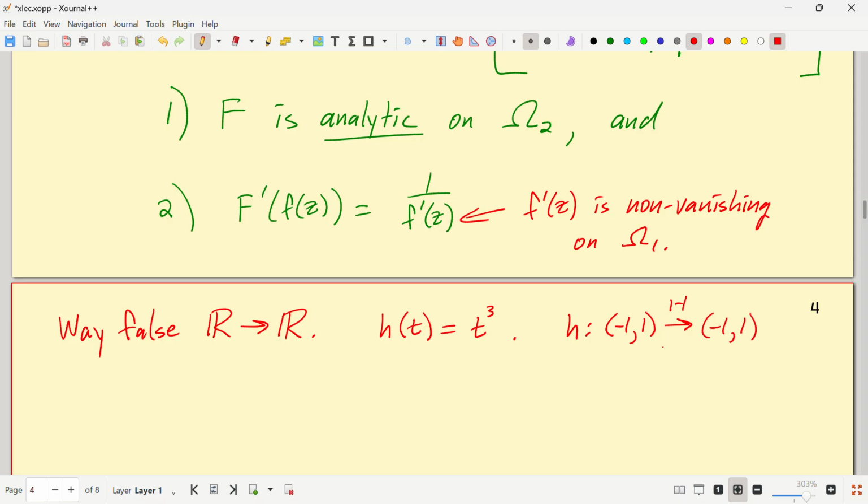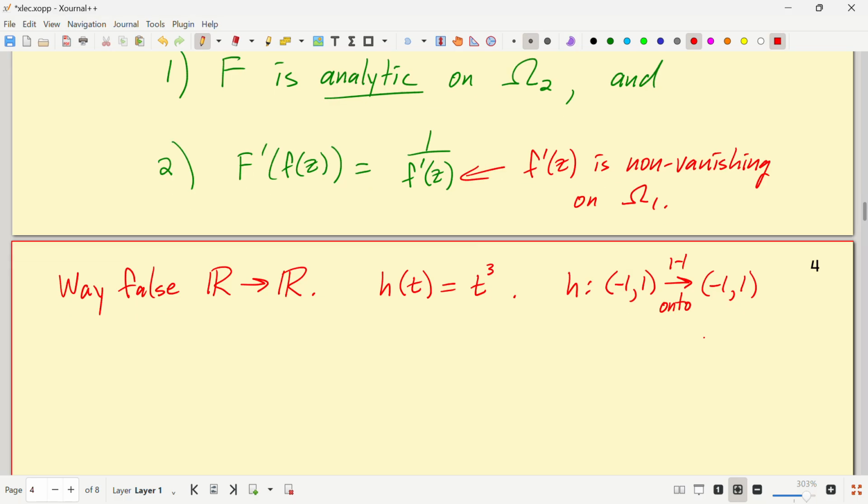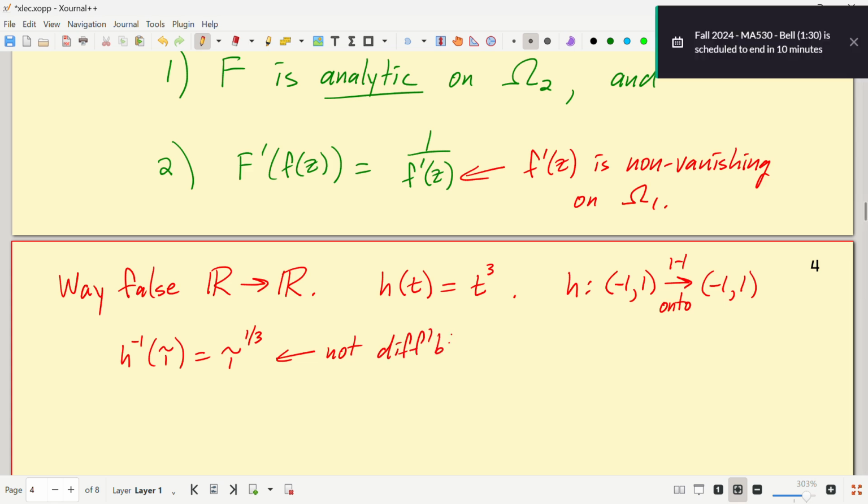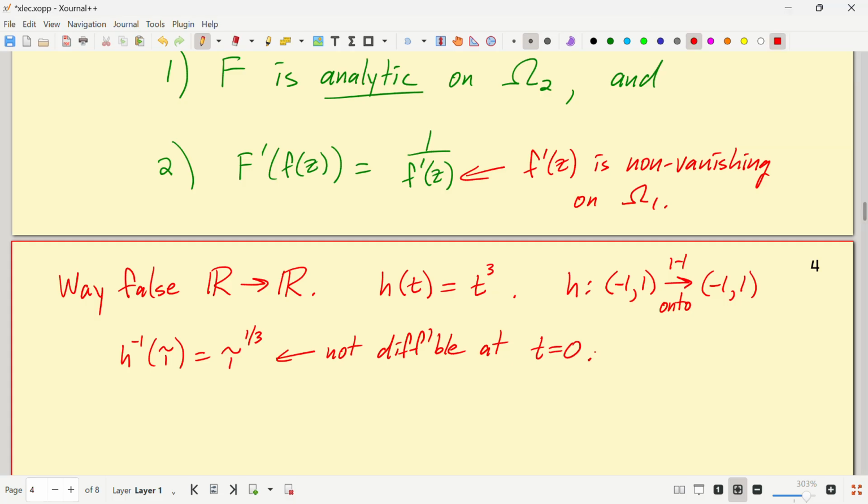So it's 1 to 1 onto. And of course, the inverse map is the cube root, and that has a nasty non-differentiable singularity at 0. H inverse of tau would be tau to the 1/3. Not differentiable at t equals 0.